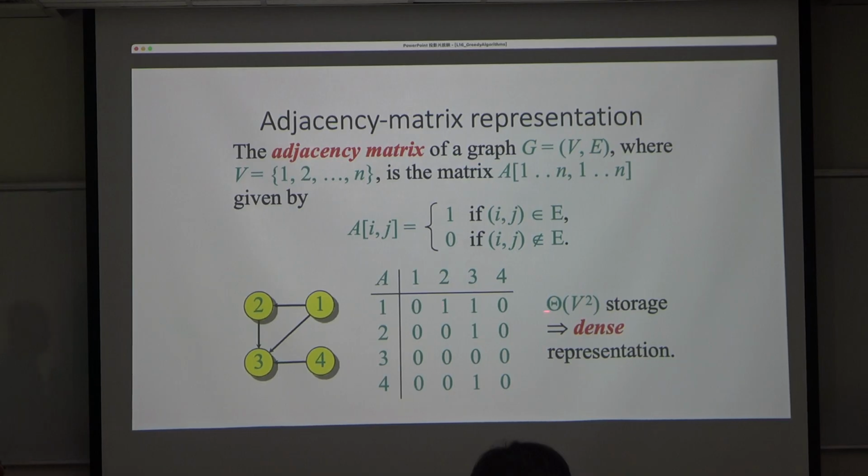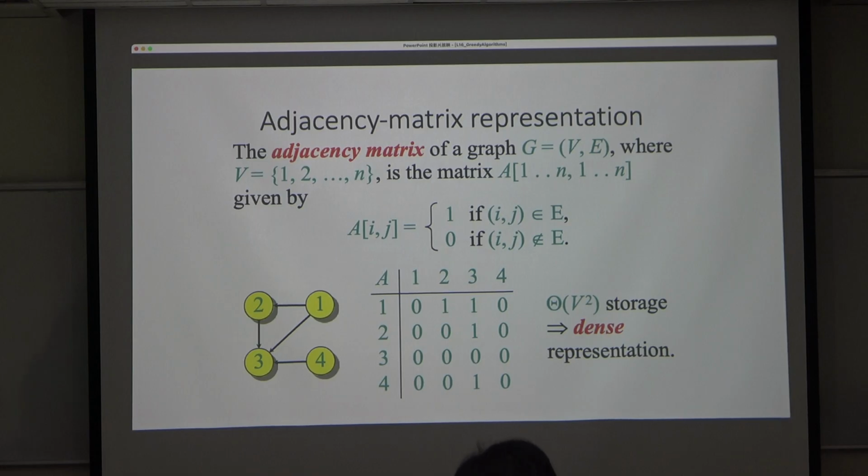This is n by n, so obviously the size of this data structure, the storage, is theta of V squared. If you have a lot of edges, in other words if your graph is dense, then it is a good data structure to represent a dense graph.